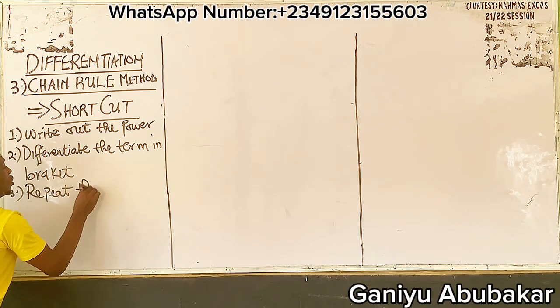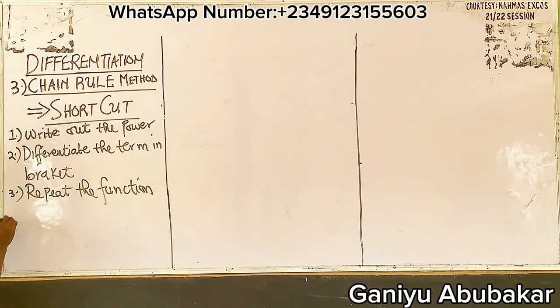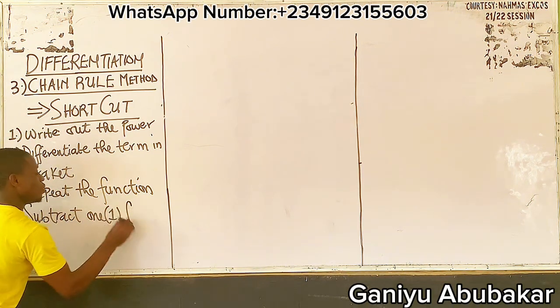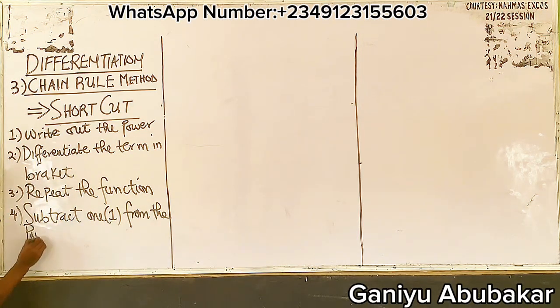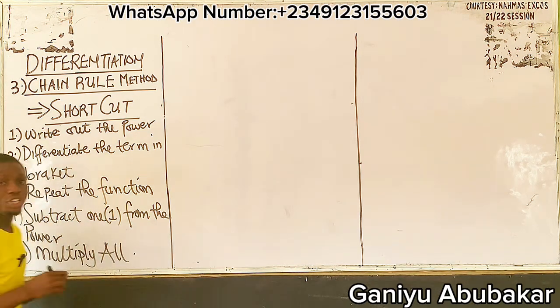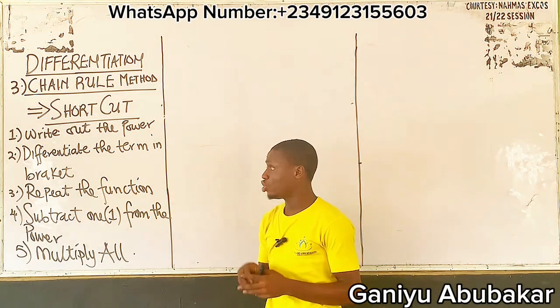That's your step 3. Step 4, subtract 1 from the path. And the last step is to multiply all. So these are your steps in solving problems using the chain rule shortcut.